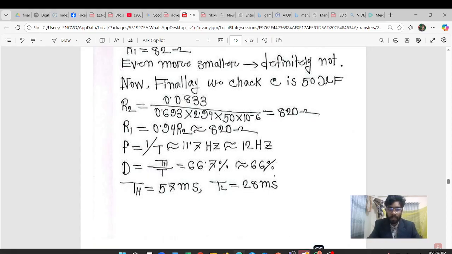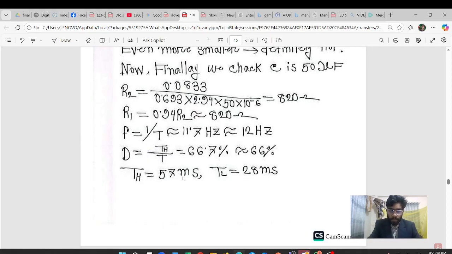TH is 57 milliseconds, TL is 28 milliseconds. That means this is the circuit's blinking ratio, or on-off ratio.